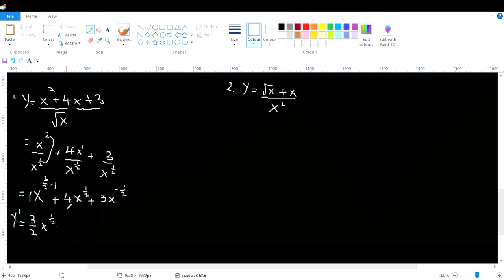Half times 4 is equal to 2, minus 1, is x to the power minus 1. Positive 3 times minus 1 over 2, answer is minus 3 over 2.